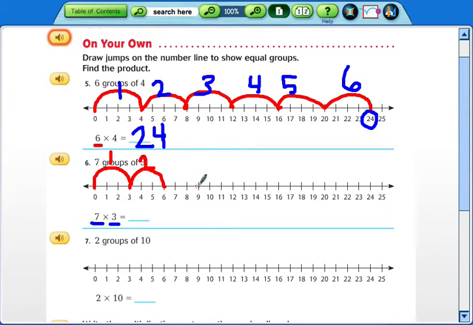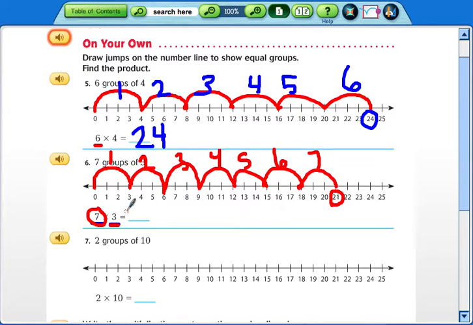Okay. I have 7 jumps. There's the 7. I have 3 spaces in each jump. There's the 3. So the number I land on is 21.